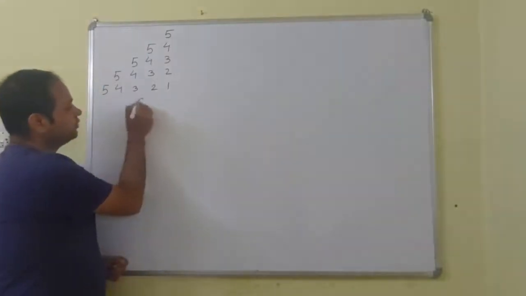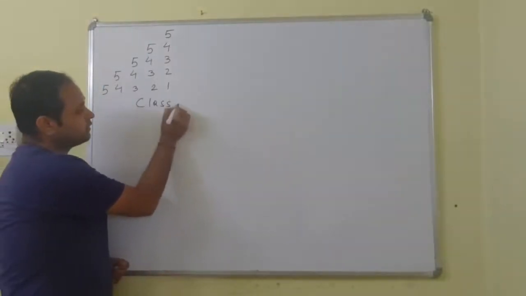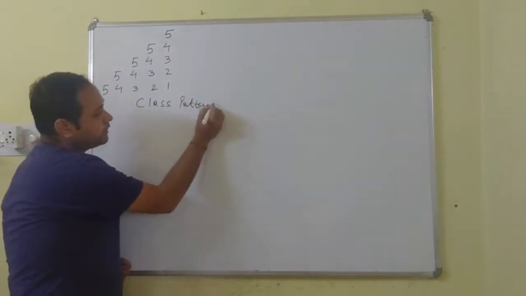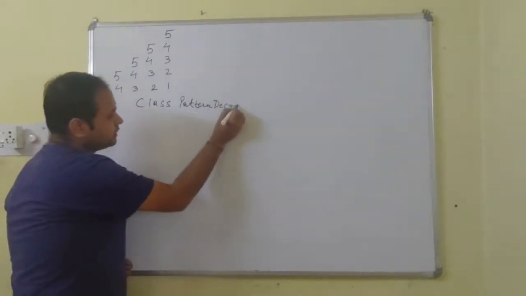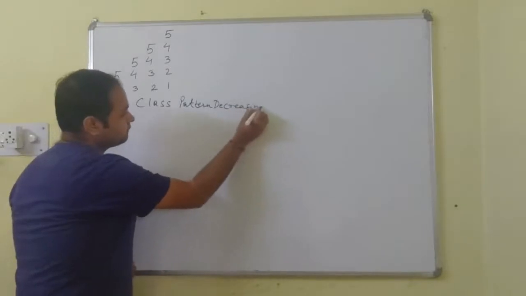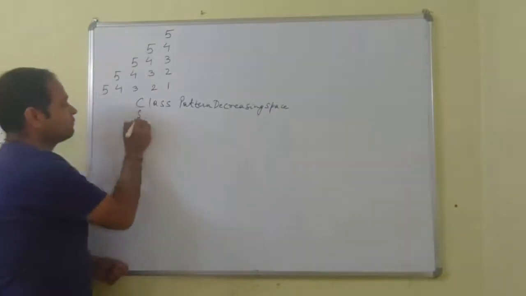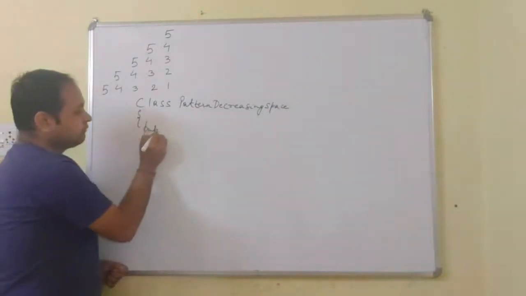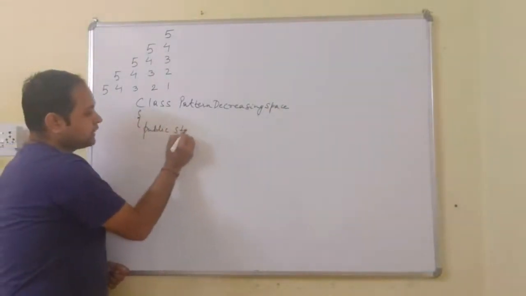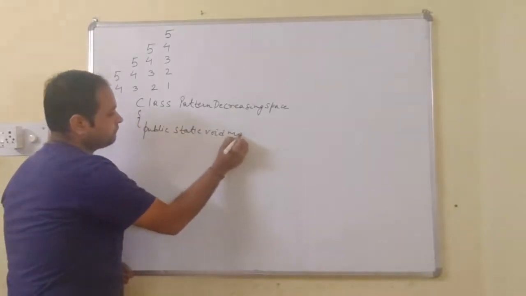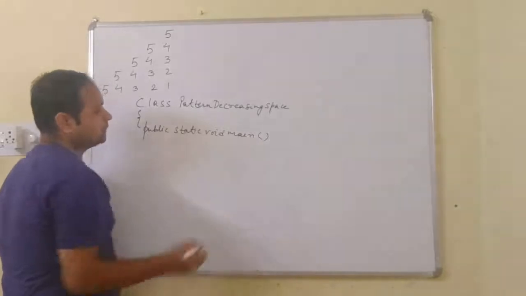So my program will go like this: class pattern. I write the class name decreasing space. Then public static void main.